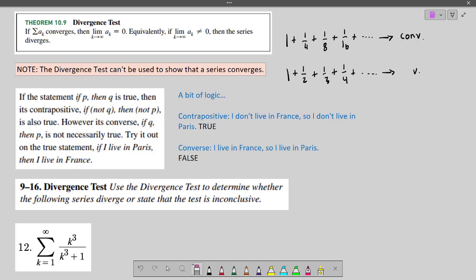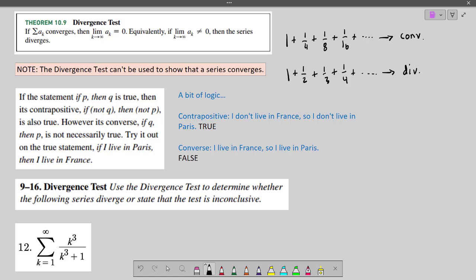So what we say is that it's necessary that the terms go to 0. You have to be eventually adding insignificant amounts. You must have terms that are getting closer and closer to 0 for there to be a chance at convergence. But just because the terms are going to 0, that's not enough.